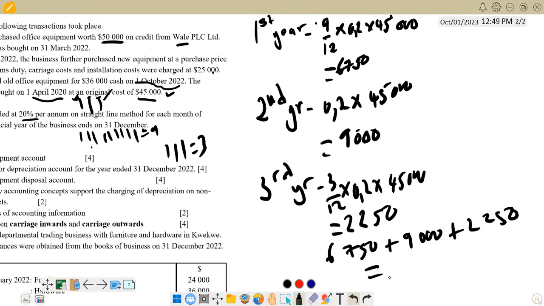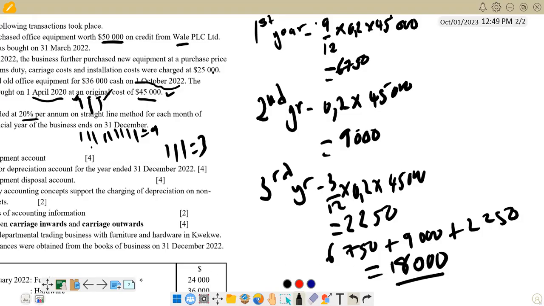Then we get 18,000. So this comes to be the accumulated depreciation for this non-current asset for the whole period up to the date when it was sold.